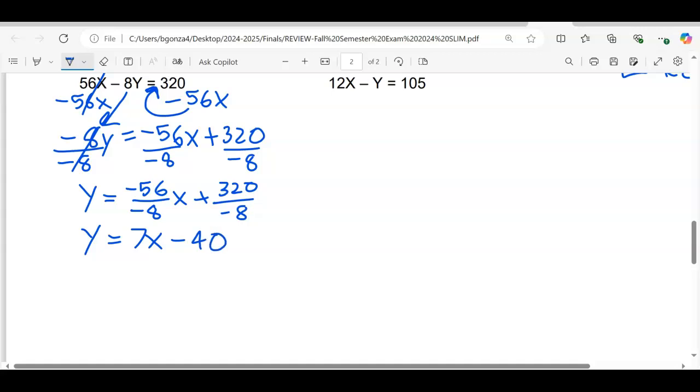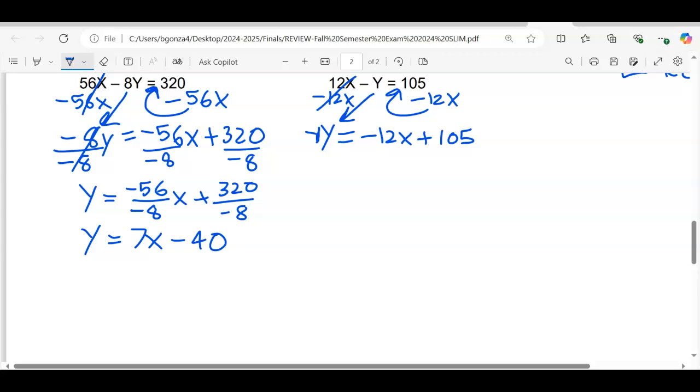All right, and then on this one, I'm solving for y, so I need to get rid of this positive 12x. Minus 12x. Scratch that out. Bring down negative y equals mx goes in front of the b, negative 12x plus 105. Here's a weird step. Negative y means negative 1y.